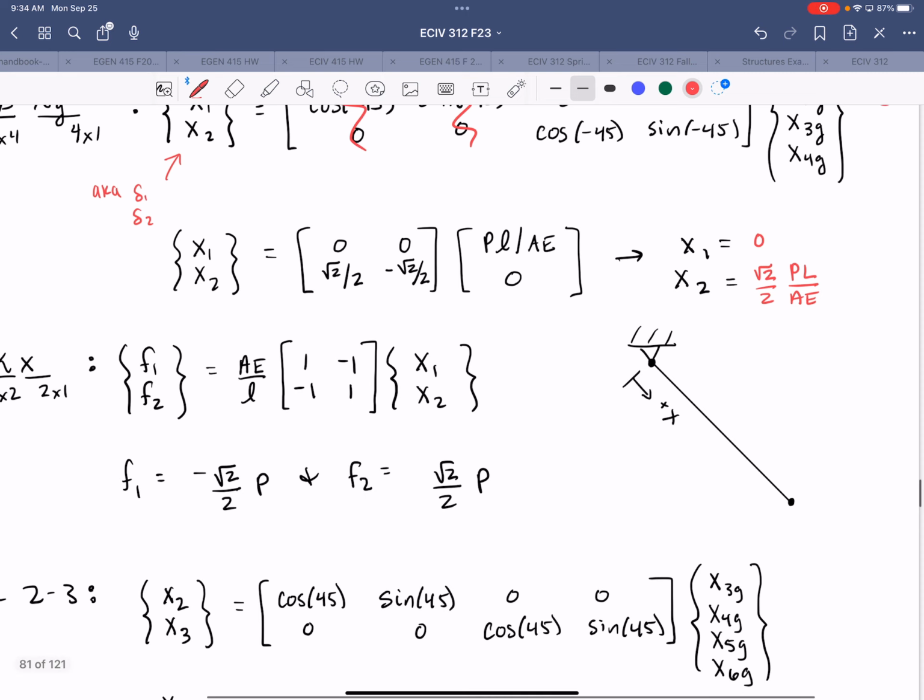So you can use either notation, that's fine. All right, so we get x1 equals 0, that checks out with the pin support. So node 1 isn't moving axially. Node 2, we got a positive value for our result. That makes sense with the positive x direction and the fact that we intuitively know that this member should be in tension and lengthening, right?